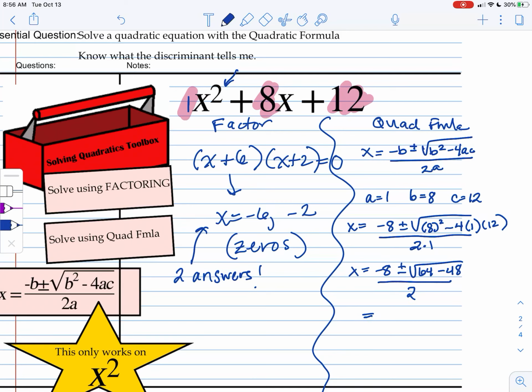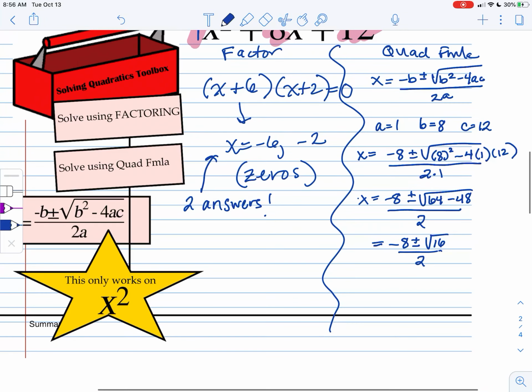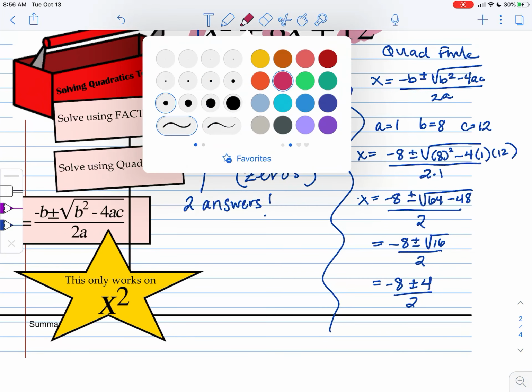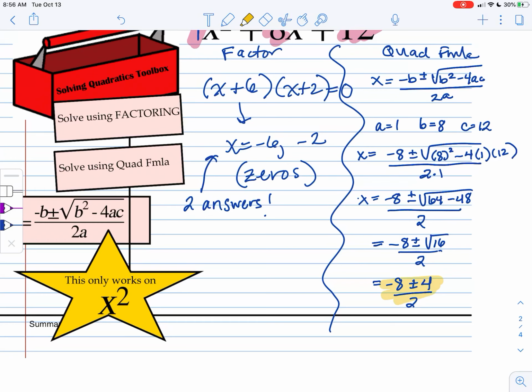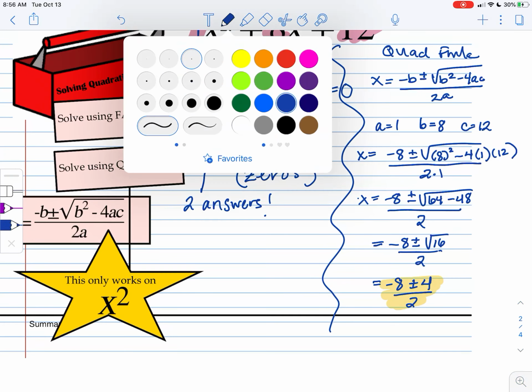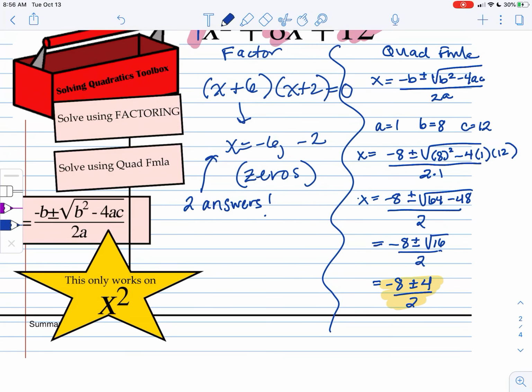Okay, 64 minus 48 is 16, so I have negative 8 plus or minus the square root of 16 all over 2. Okay, you're not done. Square root of 16 is 4. All right, plenty of students stop here and they're like, hey, look, Miss Vogt, I got an answer. No, you don't. These are numbers you can give me.